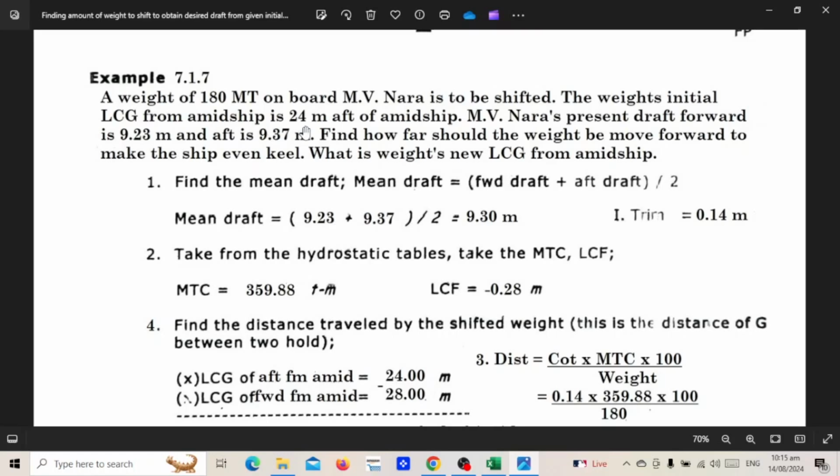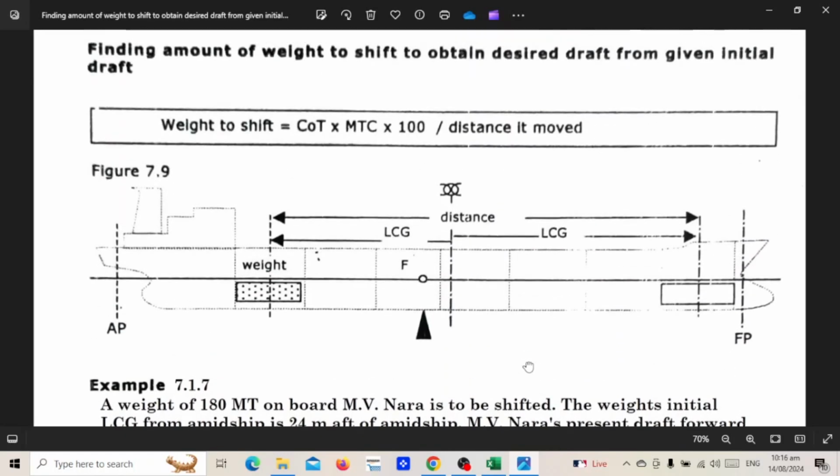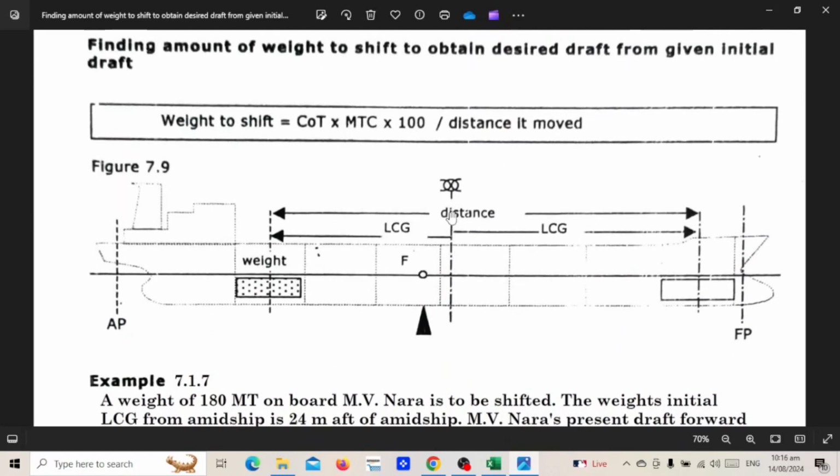So the LCG of this 180 metric tons weight should be 24 meters aft of amidship. So what he's trying to say is, from amidship, he should be 24 meters aft of the amidship. So this LCG should be 24.